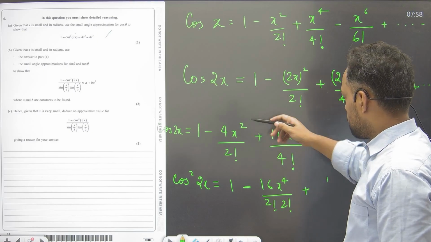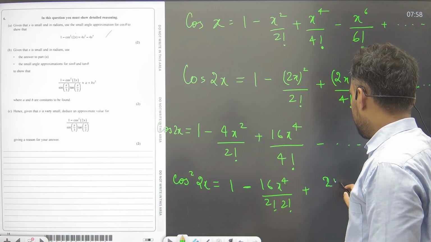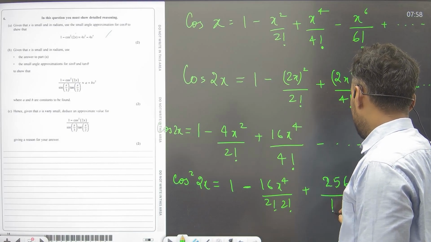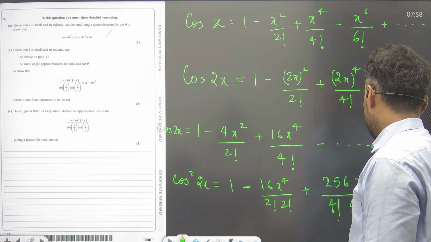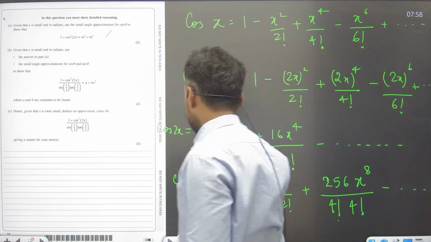This was converted to this format. Now this will be 256 x to the power 8 upon 4 factorial into 4 factorial minus. This is how the series will expand.